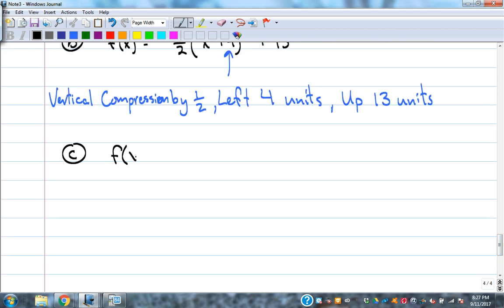Let's do one more. Absolute value marks, 2/3 on the inside with the x, and then a minus 8 on the outside.